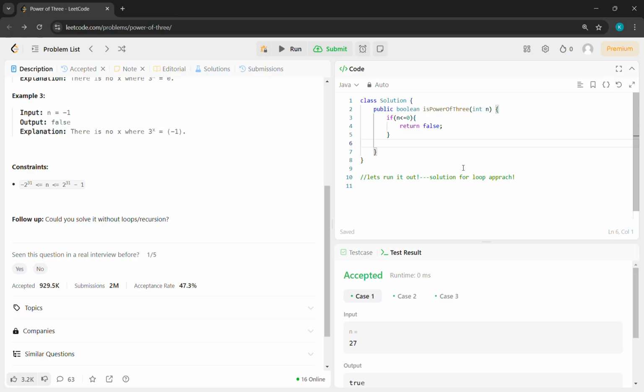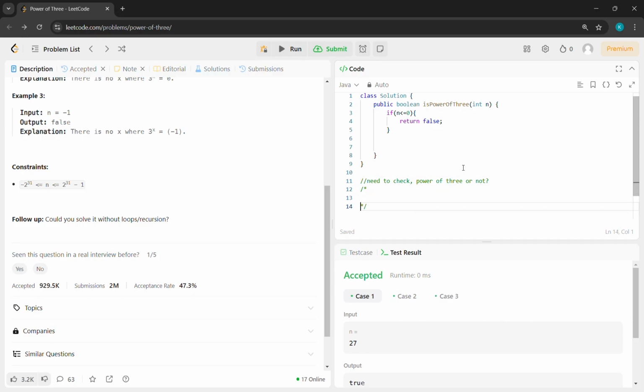एक फॉर्मूला है, क्लीन एंड सिंपल. ठीक है. So formula is, let's say, what we are supposed to do, we need to check power of 3 or not, right? This is the expected question. Now the formula is log, over here the base is supposed to be 3 because we need to check the power of 3.